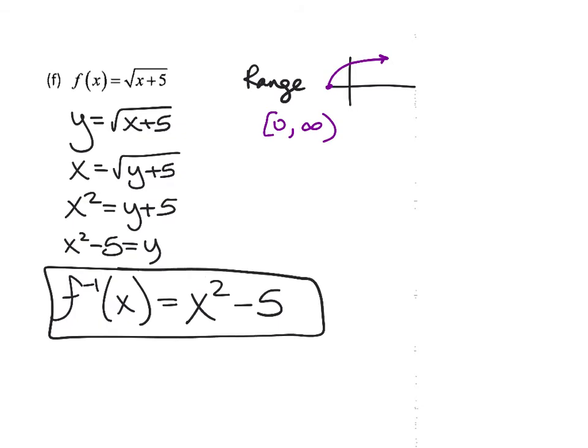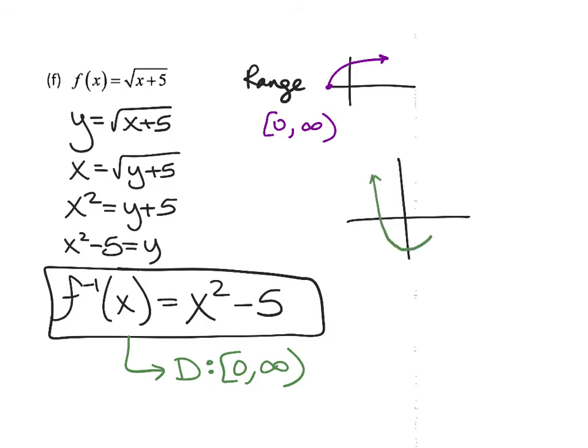But I have to include the domain that this graph only shows up at the range of my original f of x function, because just like a second ago, this would have been a quadratic that looks a little something like this. For this to be the inverse function, we cannot have this side of it. Now it actually does look like a reflection of that range of that f of x function without the stuff on the left side of 0, from 0 to infinity.